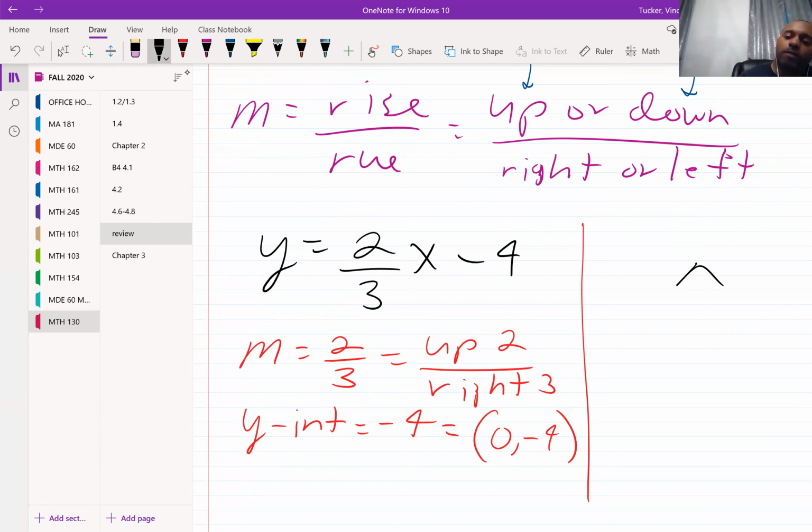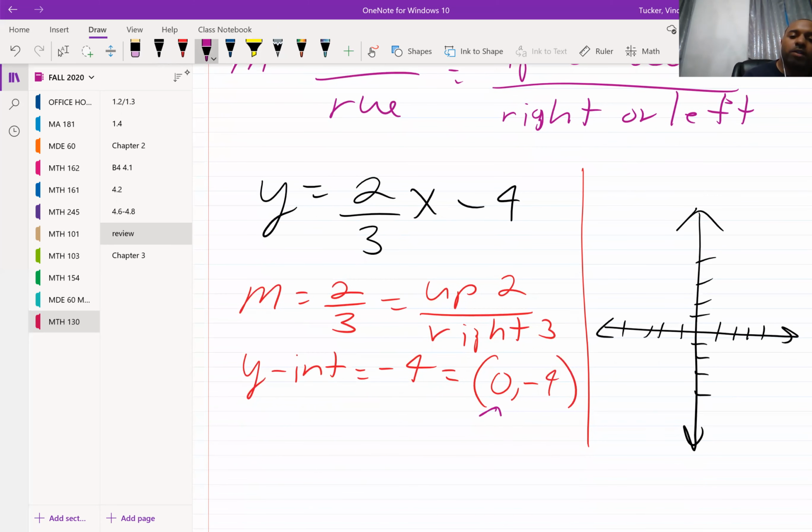The coordinate of that number will be 0 and that number. All right, so we graph it. You graph your y-intercept first. Always graph that first.